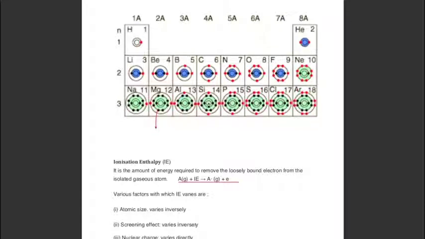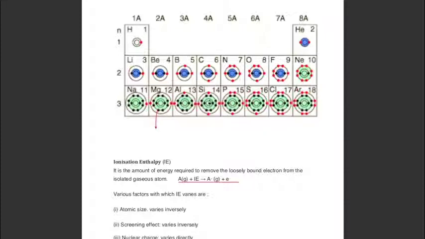So this is the power of inner shell electrons to shield the force of attraction of the nucleus for outermost shell electrons. If the shielding effect or screening effect of inner shell electrons is more, it means less force of attraction of the nucleus is reaching the outermost shell electrons.